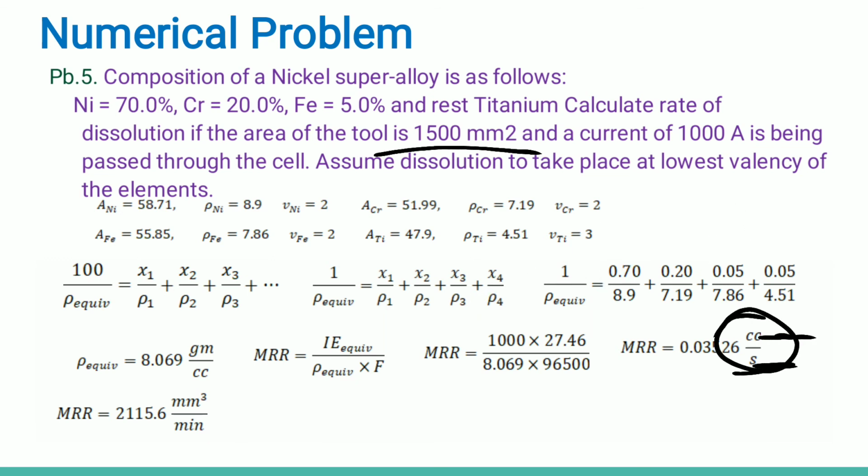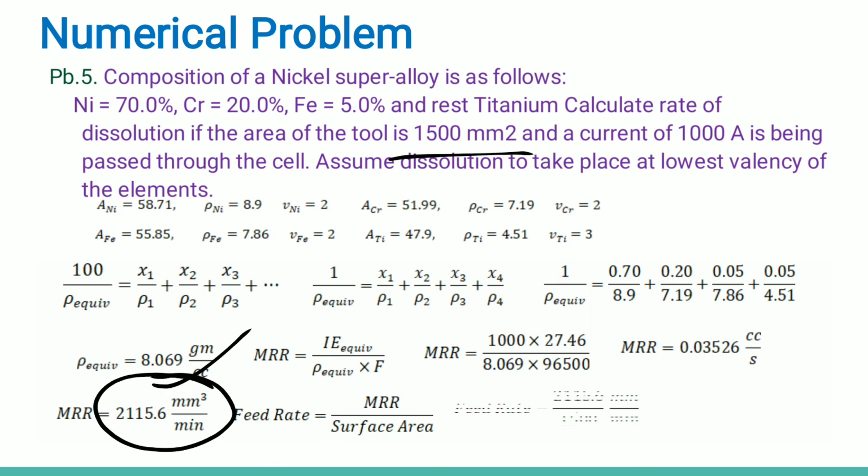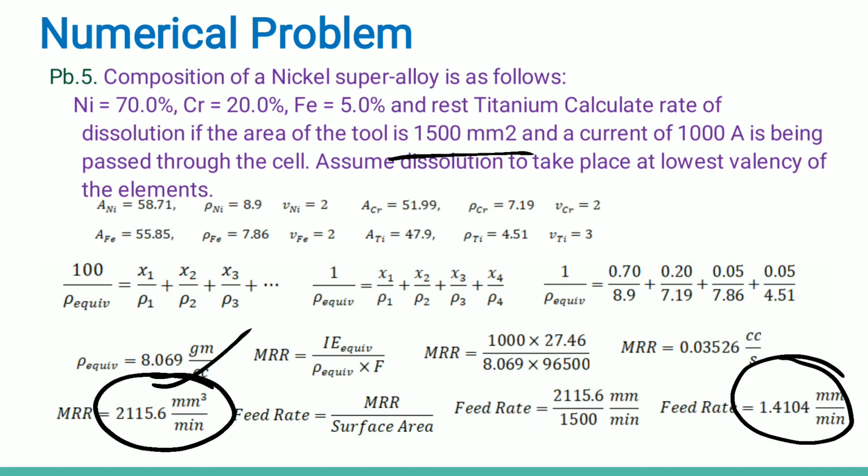So when you convert this into mm cube per minute, the MRR will be 2115.6. Next, feed rate will be equal to MRR upon surface area. MRR we have already calculated, and the surface area is 1500 mm square. So we'll get this value as 1.4104 mm per minute.